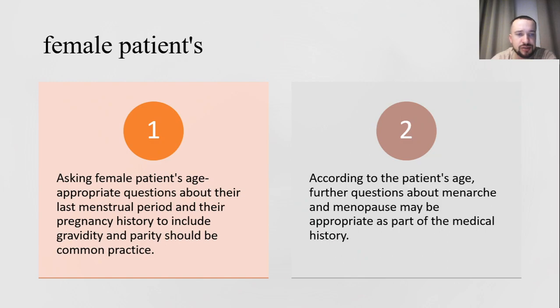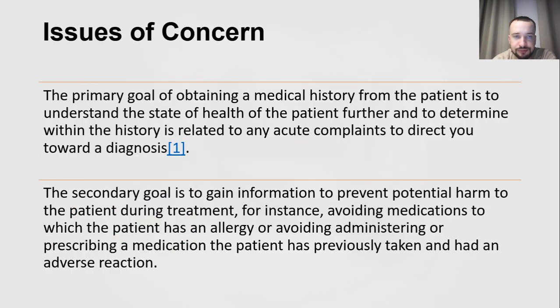Asking female patients age-appropriate questions about their last menstrual period and their pregnancy history, to include gravidity and parity, should be common practice. According to the patient's age, further questions about menarche and menopause may be appropriate as part of the medical history.